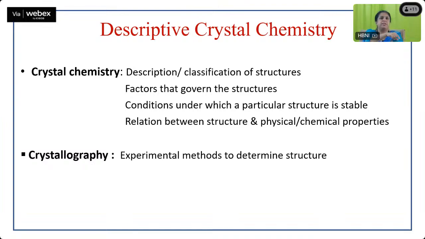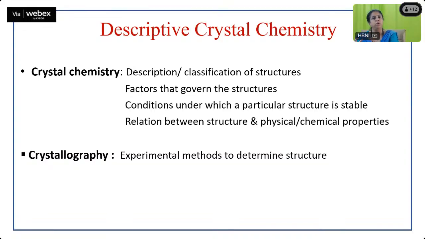And what is crystal chemistry? Crystal chemistry is basically, it teaches you how to describe a structure, how to classify the structure, what are the factors that could affect your structure, what is the relation between the structure and property, because that is the whole aim of studying the structure. See, what is the point in studying one is cubic, one is tetragonal and all that? The only thing is you want to have a practical application of your knowledge.